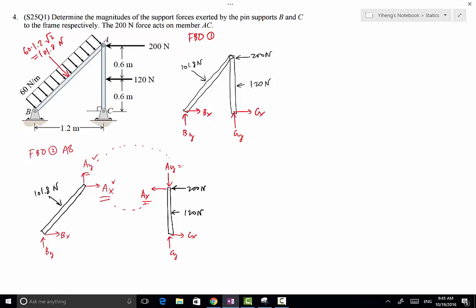They interact through the pin. But anyway, with that knowledge, now we have two free body diagrams for member AB and member AC.